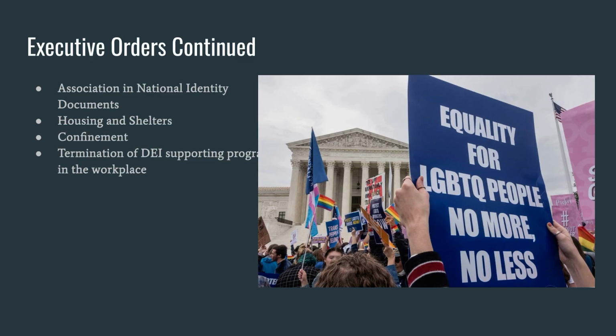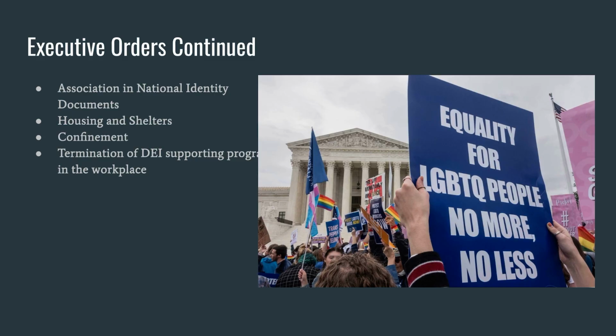To continue on, housing and shelters. This directs HUD to repeal the Equal Access Rule that protects LGBTQ plus people from discrimination in housing and has been in place since before the Trump administration, and to publicize a rule that prevents transgender women from being able to access domestic violence shelters.